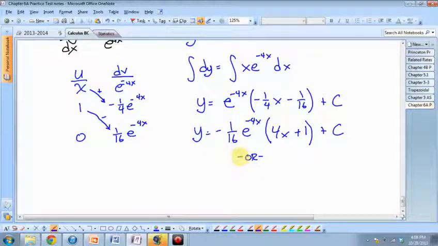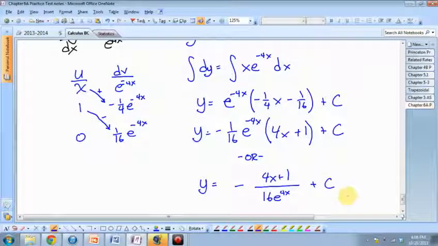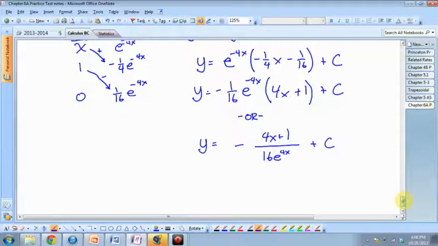Or another way to simplify this would be negative of 4x plus 1 over 16 e to the 4x plus constant. It's another way of doing it. That gives you a positive exponent. Don't forget that negative sign here.